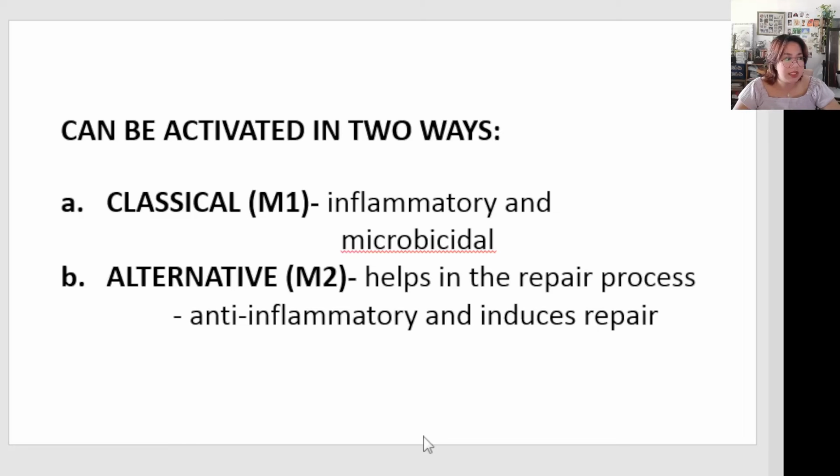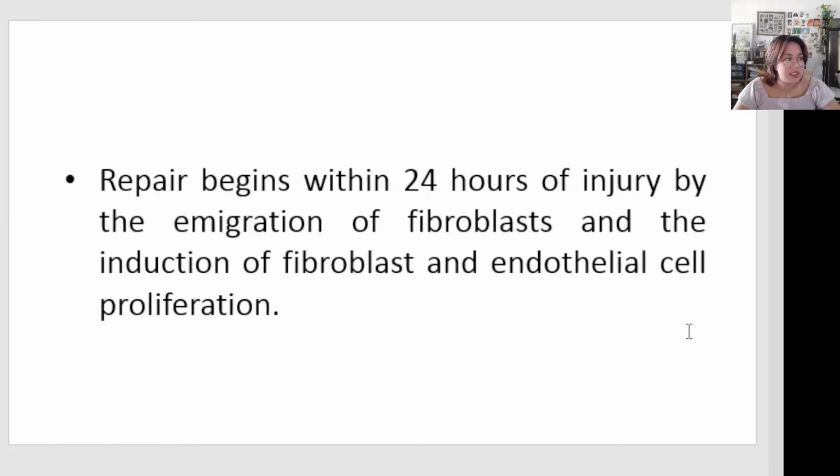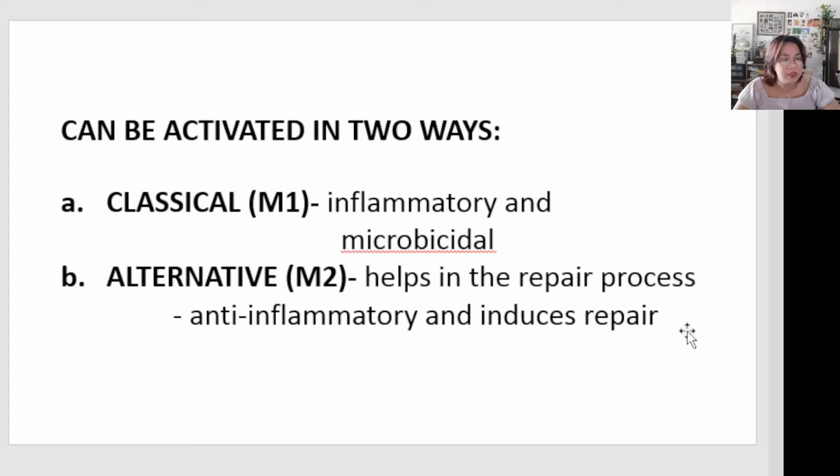The first one is the classical or M1, which is basically inflammatory and microbicidal. And the second one is the alternative or M2, and they are the ones that help in the repair process. They are anti-inflammatory and induce repair. So the macrophages that are involved in repair are mostly of the alternatively activated or the M2 type.